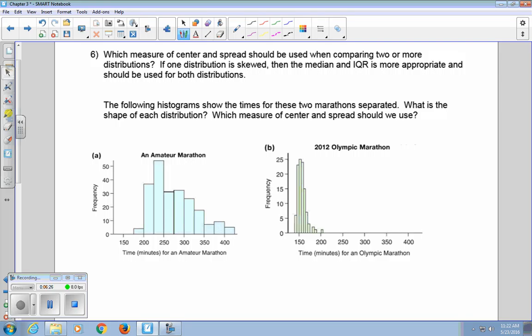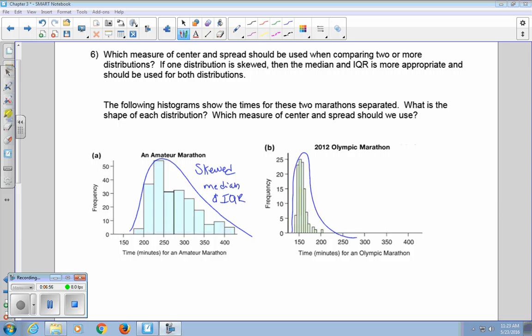The amateur marathon definitely looks skewed to me, and we would use our median and IQR. Once we have decided to use a median and IQR for one of the data sets, we should use it for both.